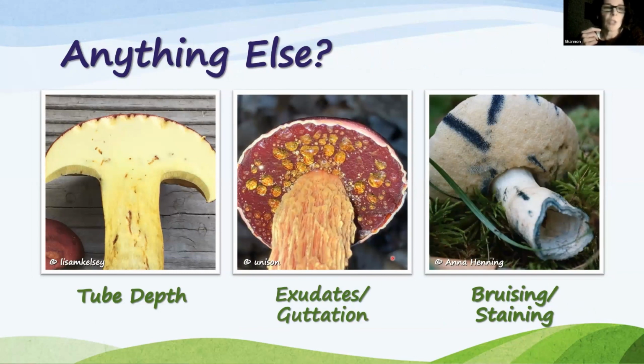The depths of the tubes, both the absolute length of the tubes and relative to the amount of flesh in the cap, and whether or not the pores produce exudates or guttation fluids. And when it comes to boletes, noting what areas bruise or stain, what color and how quickly, is terribly important.